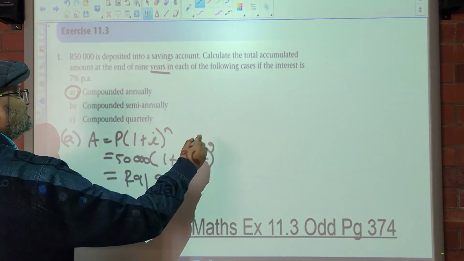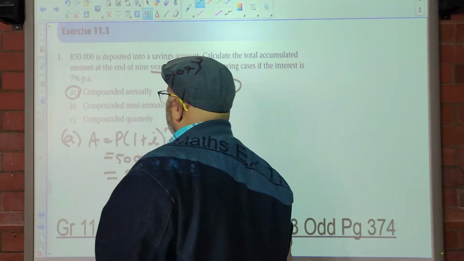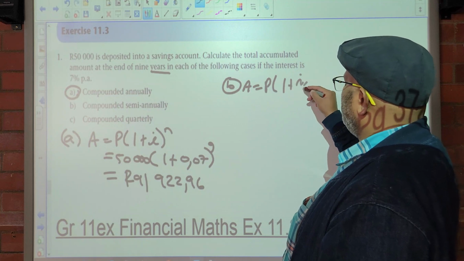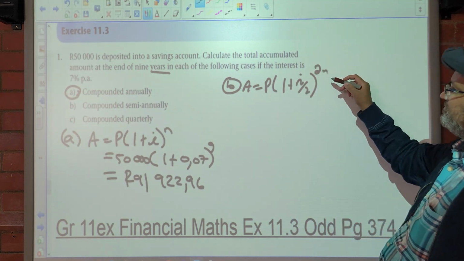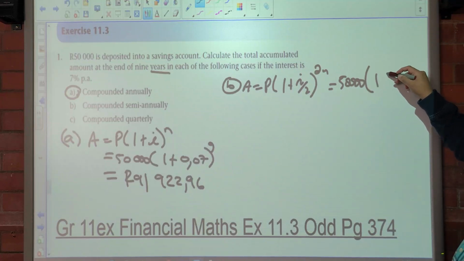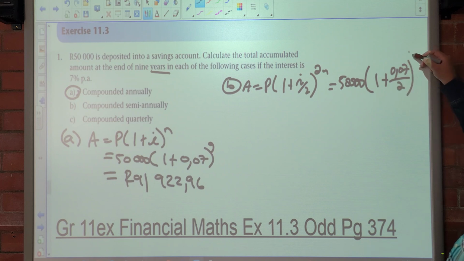B, compounded semi-annually. Formula: A is equal to P into 1 plus i over 2 to the exponent 2n. So it's going to give you 50,000 rand into 1 plus 0.07 over 2 to the exponent 2 times 9.